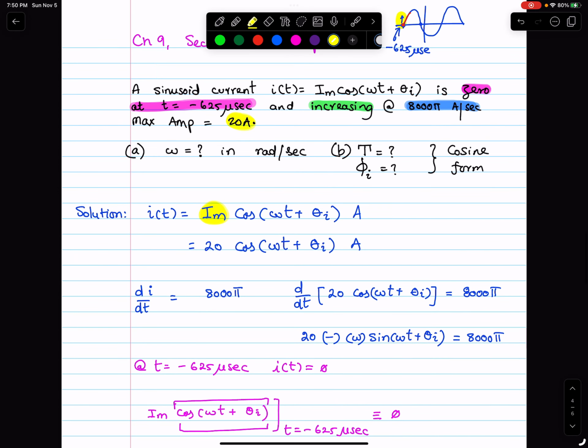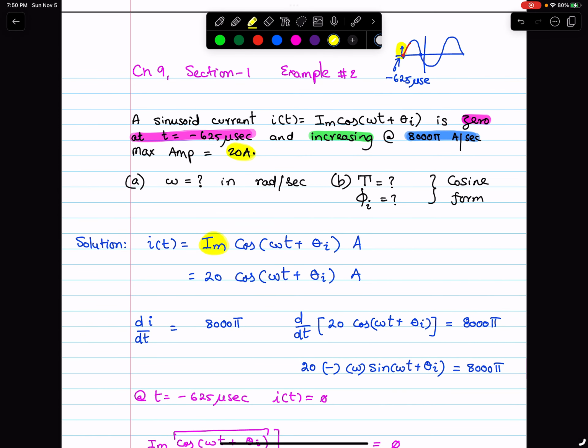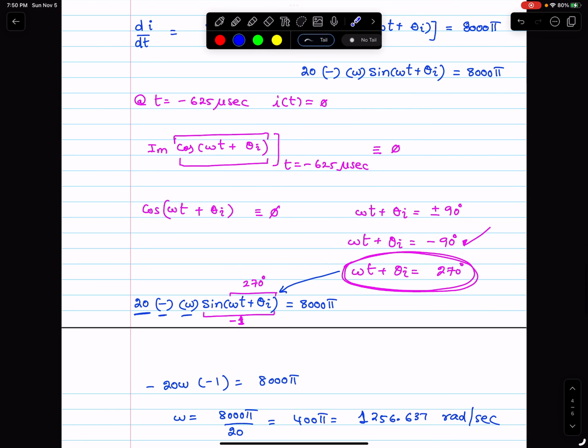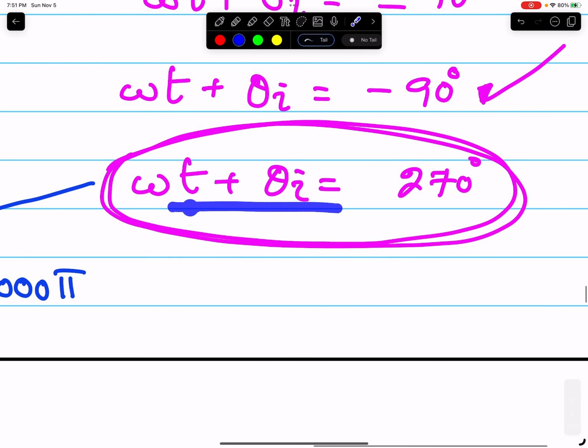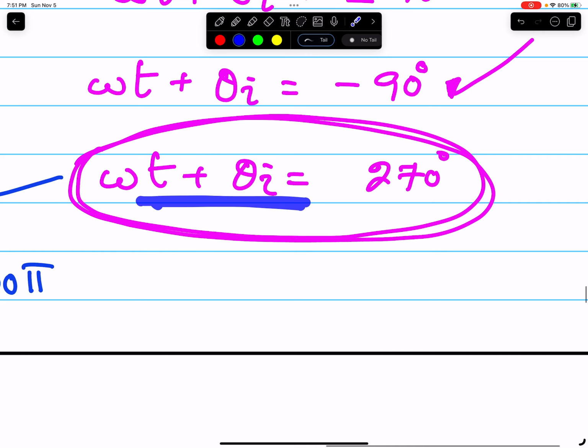Now, let's see. We used the information that the amplitude is 20. Then we used d by dt of the sine wave, which gives a cosine wave, and equated that to this. And then by equating the cosine wave to 0, we get a value of omega t plus theta I equals 270 degrees.